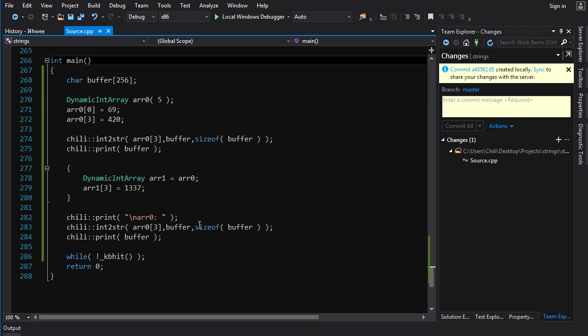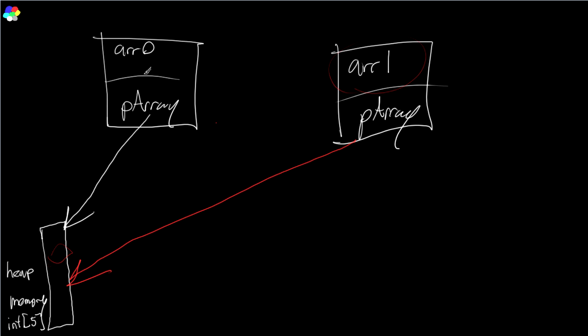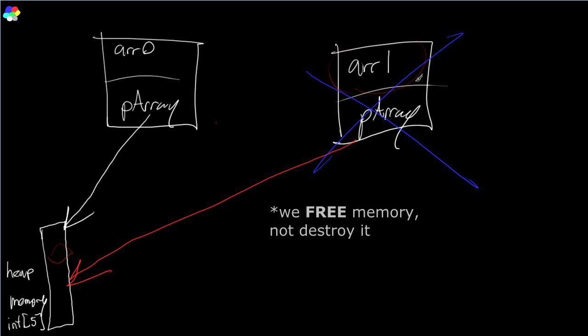What is it? Well, first of all, the reason why we hit that breakpoint is because we create R0, we allocate some memory on the heap, then we construct R1, and we copy the pointer. So now they're pointing to the same memory. When we destroy R1, the destructor of R1 is going to destroy this memory.